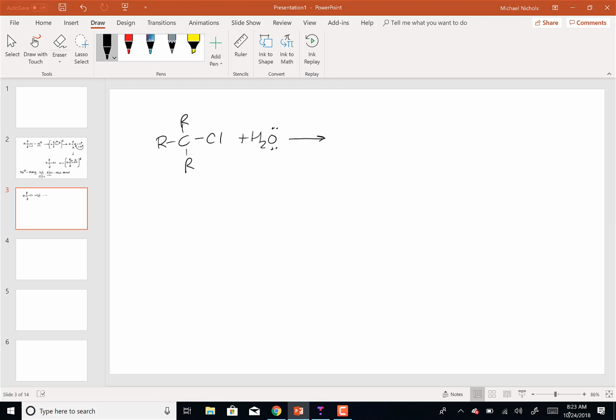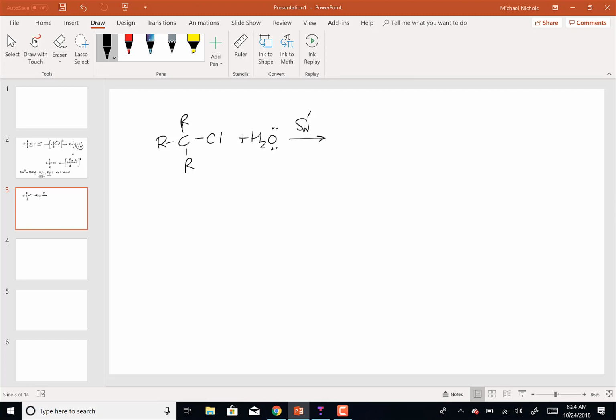And hopefully by the end of the period, I will lay out how you're going to know whether a reaction is SN1 or SN2. But here's a reaction. I'm going to tell you this is an SN1 reaction. Of course, you probably should know that because tertiary halides can only undergo SN1.